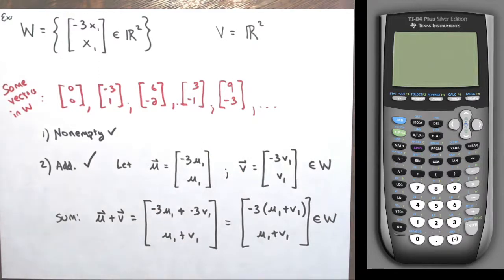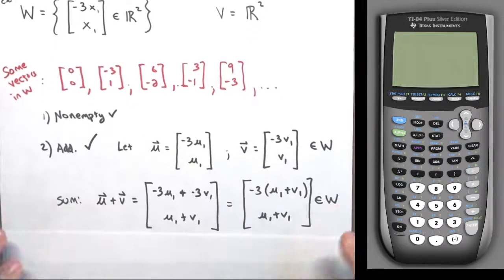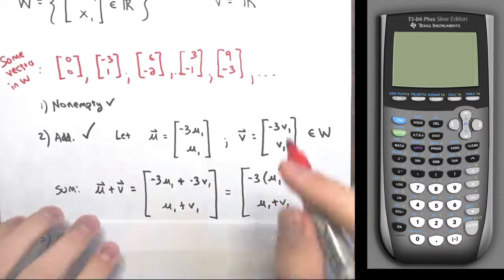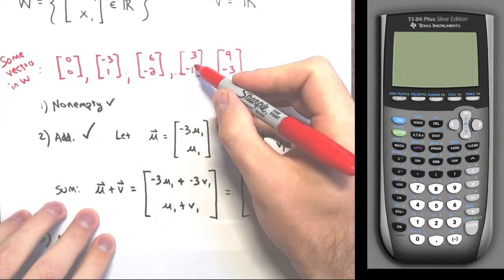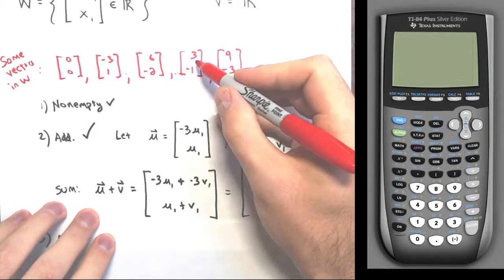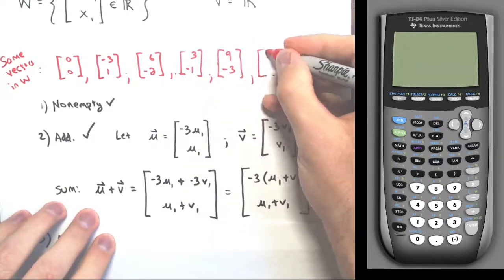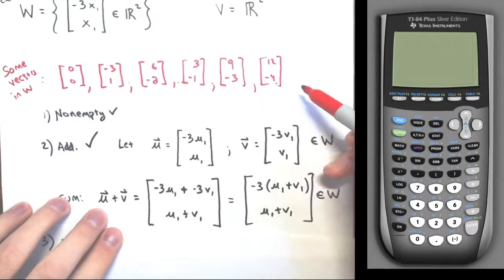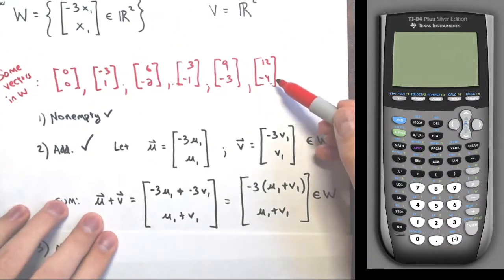All right, and then is it closed under scalar multiplication? I'll put mult, just know it's scalar multiples. Now, I suspect that it is because, again, you take any of these vectors up here that are in W. Let's say I take this one. Let's multiply this by 4. You'd get 12, negative 4. Is this in this set? Yes, it is. The top component is negative 3 times the bottom component.